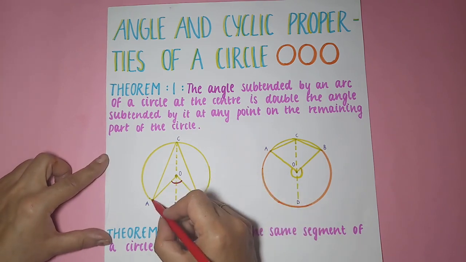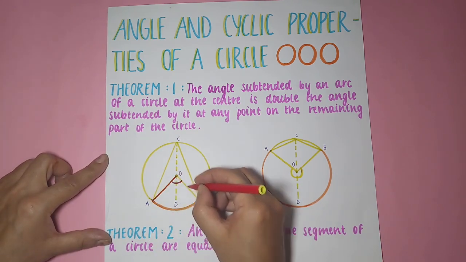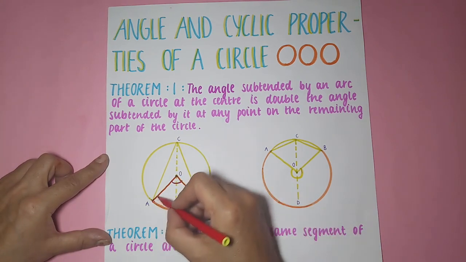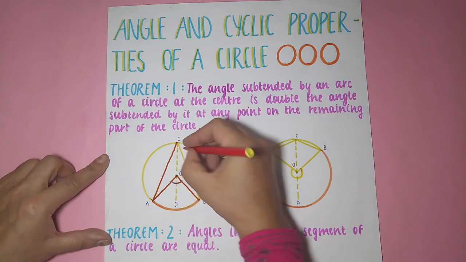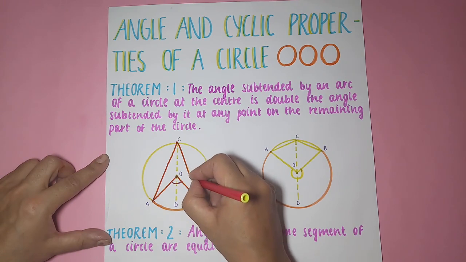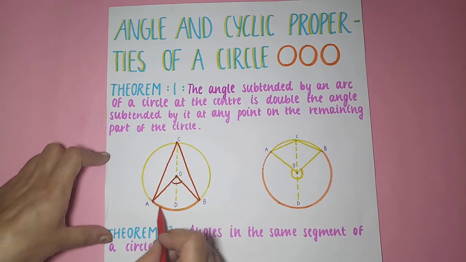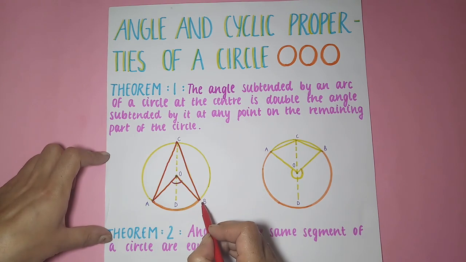If you look at this arc AB, it makes angle AOB at the center, right? And it also makes or subtends angle ACB at the circumference, right? So arc AB makes two angles, one at the center and another at the circumference.